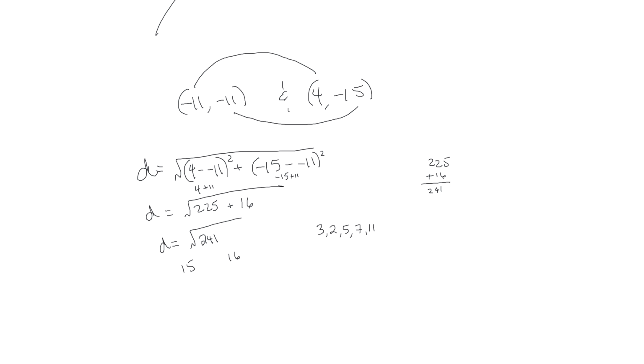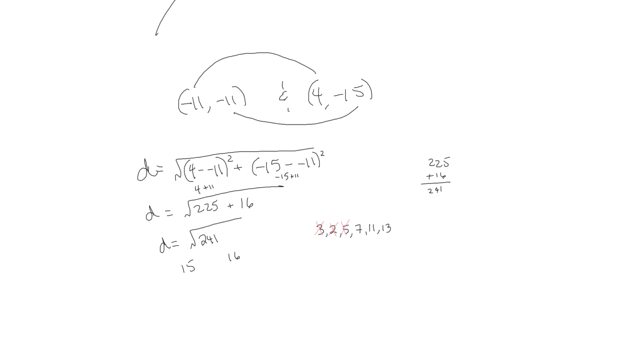The 3 doesn't work. If 3 worked, the digits would add up, 2 plus 4 plus 1 is 7, so 3 is not going to work. 2, it's not an even number. 5, it doesn't end in 5 or 0.